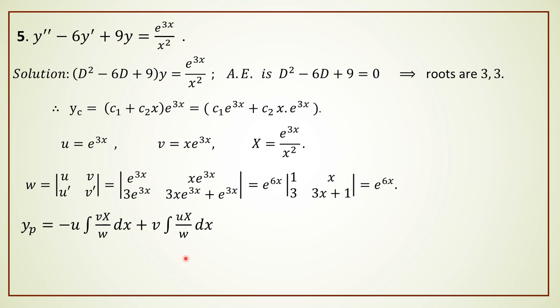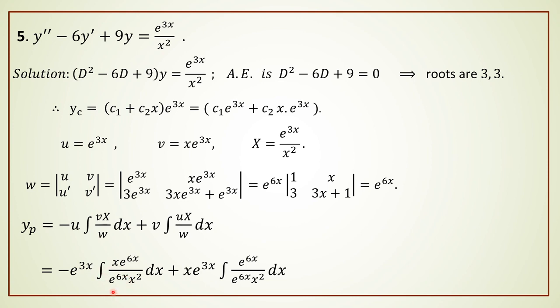So just substitute the values of u, v, X and Wronskian over here, so that you have yp is equal to minus u, which is e to the power 3x, into integration of v. V is x into e to the power 3x, into X. X is e to the power 3x divided by x squared. So you have the term x into e to the power 6x divided by x squared into the Wronskian.